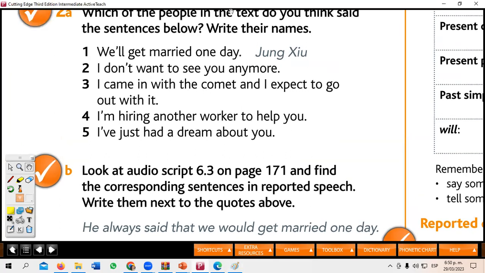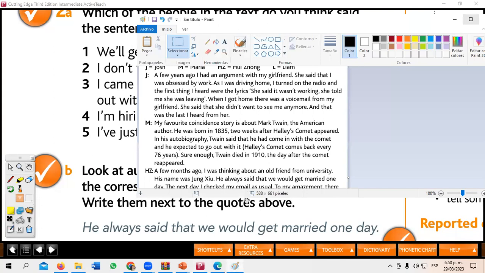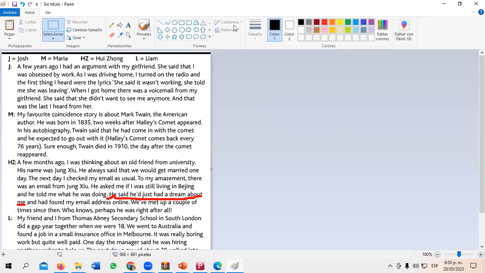The second sentence is, I don't want to see you anymore. So in the text, what is the reported speech? She said that... let's see, maybe this: She said that she didn't want to see me anymore.